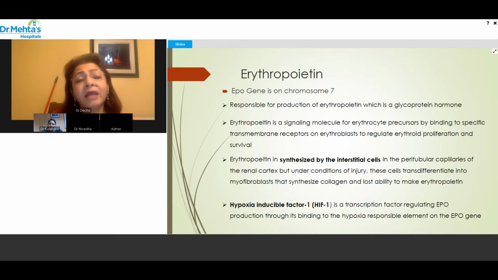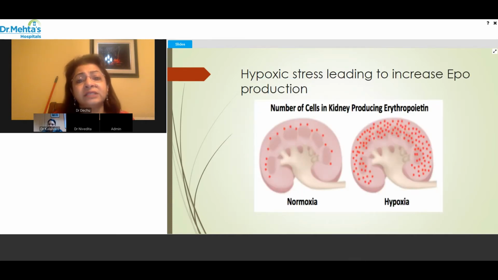So hypoxia actually increases the number of erythropoietin producing cells in the kidney. If you look at this pictogram here, you'll see that under normal oxygen conditions, the kidney has a few cells in the interstitium that actually make EPO, but under hypoxia, a lot more cells are geared up to make more erythropoietin. So the kidney response to hypoxia is to increase erythropoietin production.